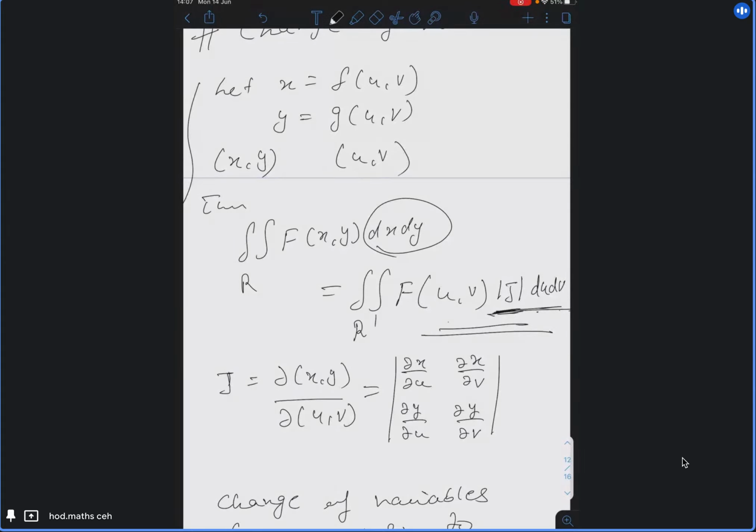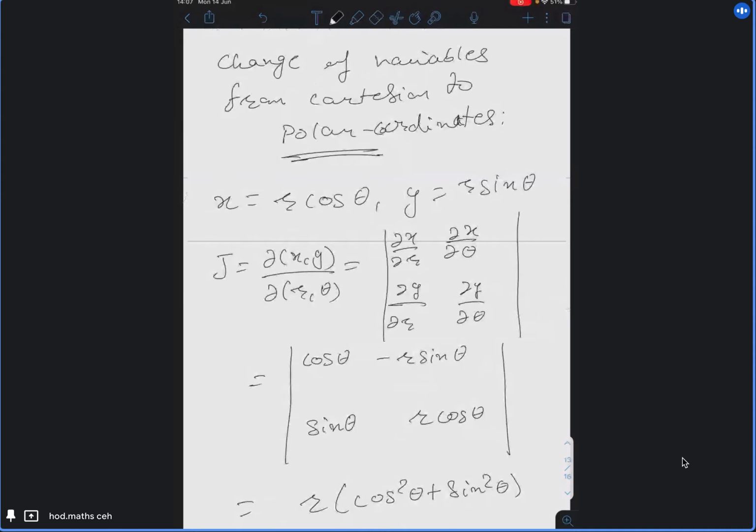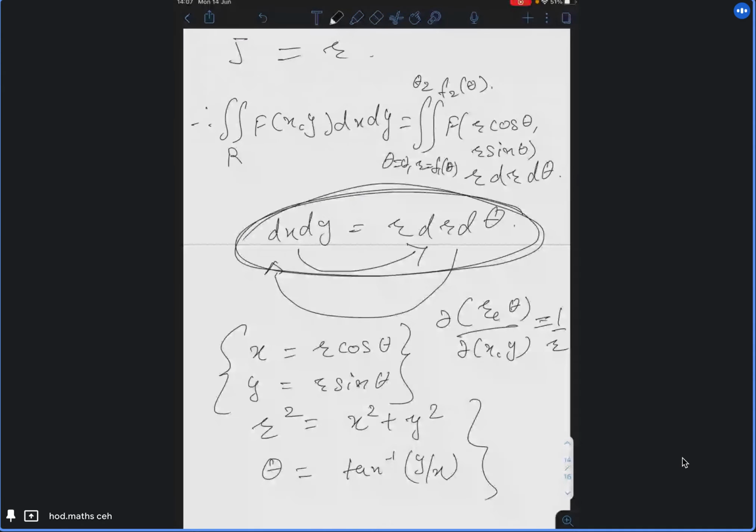But there is a theory behind it, na? Directly how can you write some f of xy dx dy will be equal to du dv, including this Jacobian? There is a lot of theory here to get this formula. Okay, so that is beyond your scope. So here in case of Cartesian to polar, dx dy is always r dr d theta. Okay.